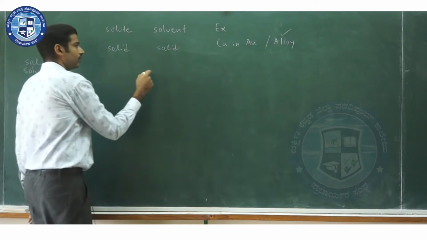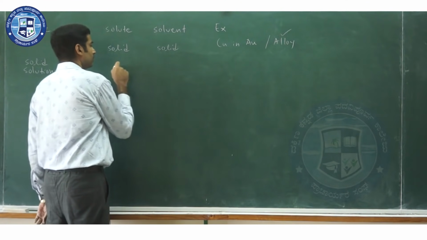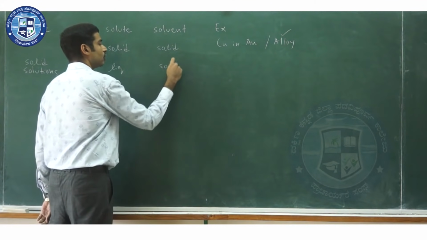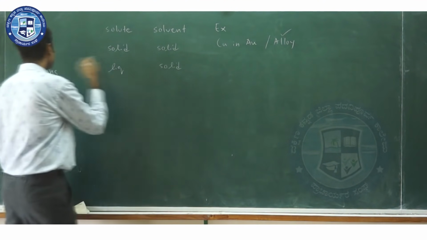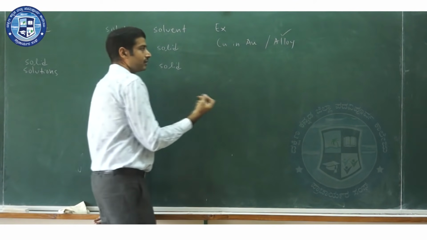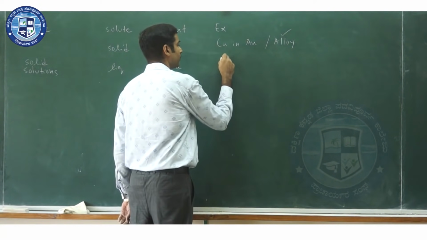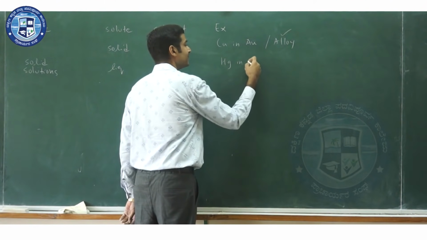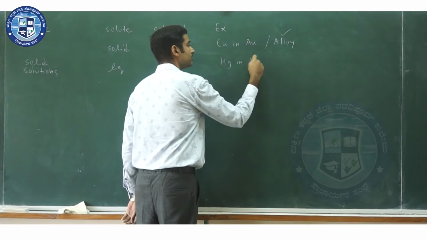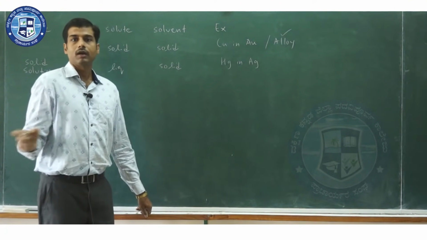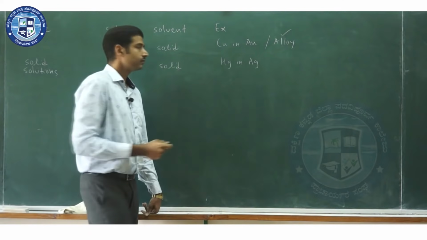If I take a liquid in a solid, even this will give me a solid solution, and we can have several amalgams. For example, mercury dissolved in silver will form silver amalgam.